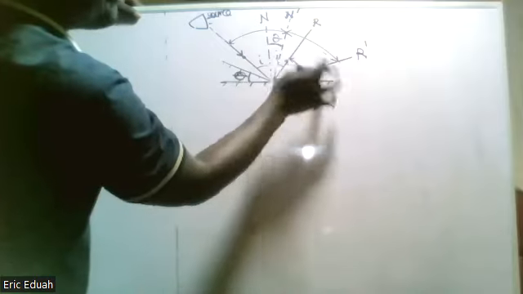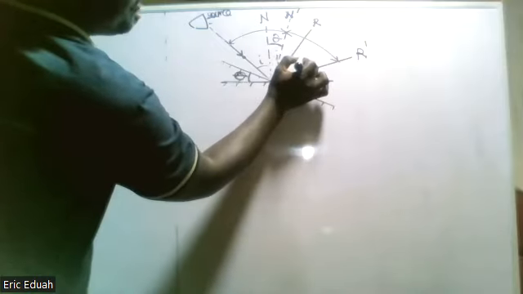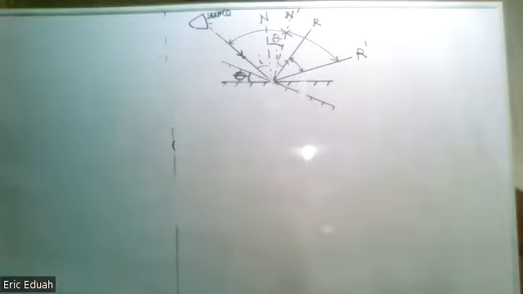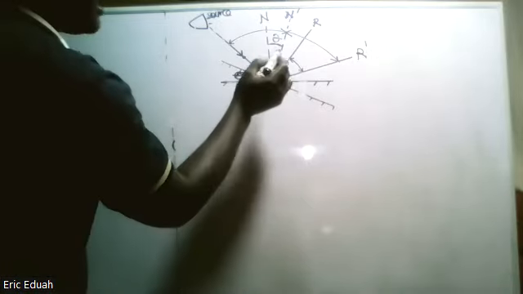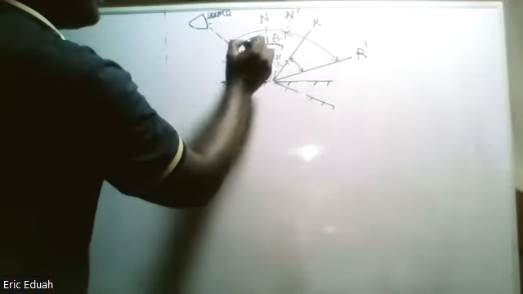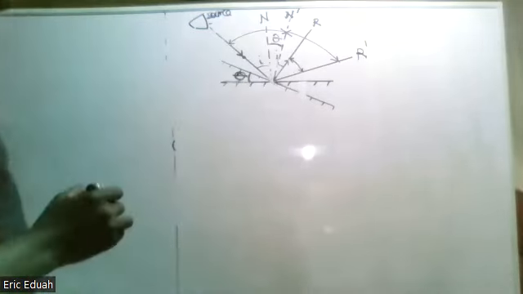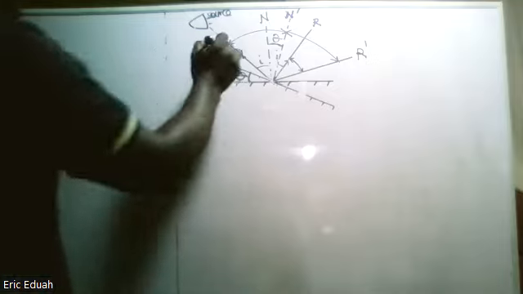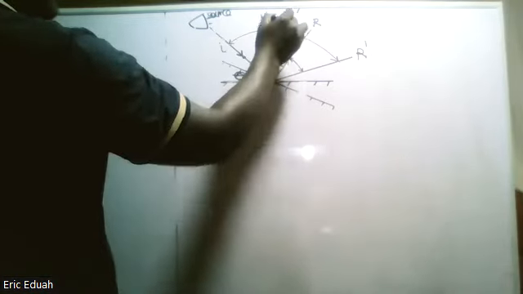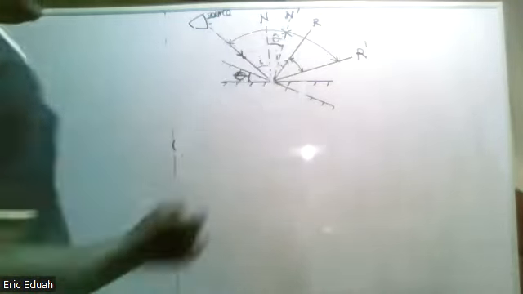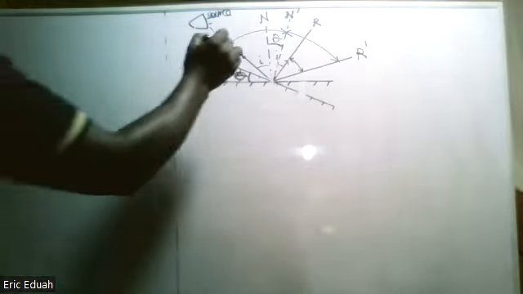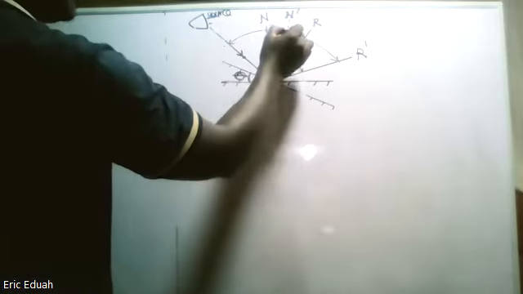This is what we are looking for. Now, what will be the value of the angle of incidence to the new normal N prime, between the incident ray and the new normal N prime?